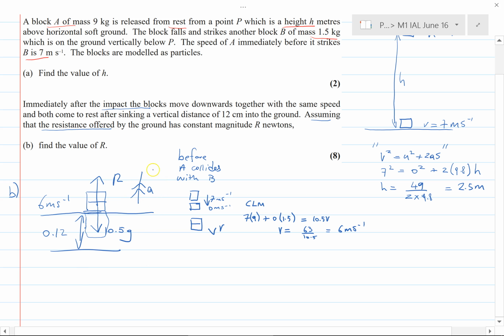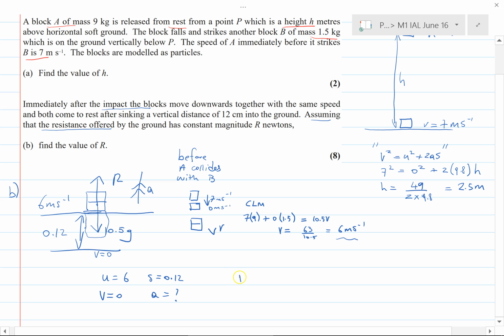So to work out the acceleration, we use the fact that it's moved 0.12 meters, 12 centimeters into the ground before coming to rest. Now the initial velocity is 6, because we've just worked that out, the combined velocity of the two masses after impact of A and B. The final velocity is 0, because it's come to rest after 12 centimeters. S is equal to 0.12, and we want to work out the acceleration or deceleration.